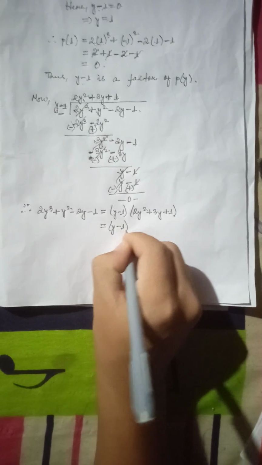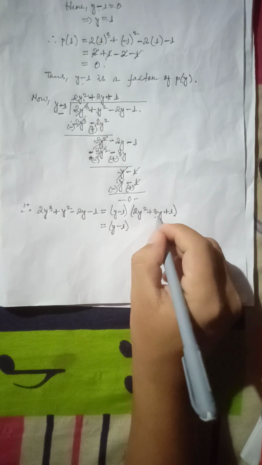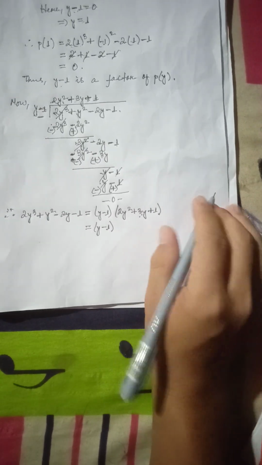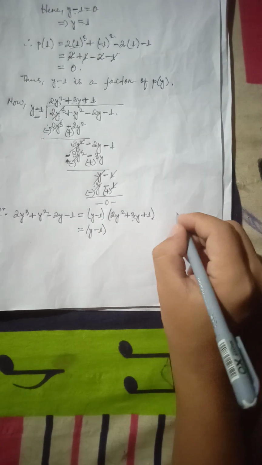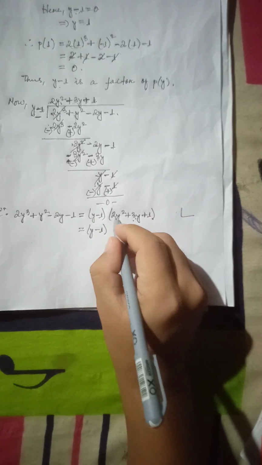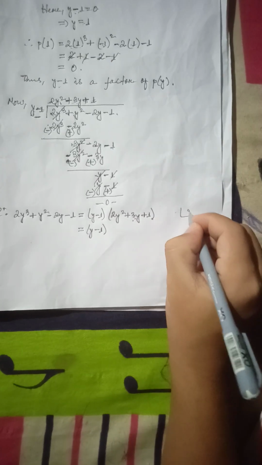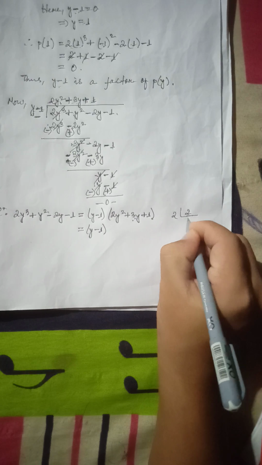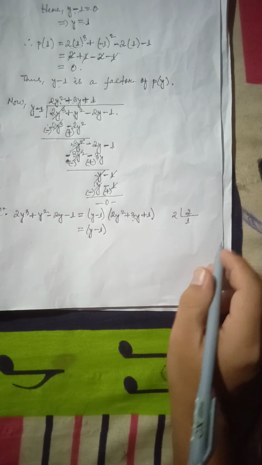Right, after this, just try to split this into 2 parts. In order to do that, what you need to know is you have to take LCM. 2 into 1 will give you 2, and if you take LCM to this, then it will be 2 into 1. So 2 into 1 will give you 2.